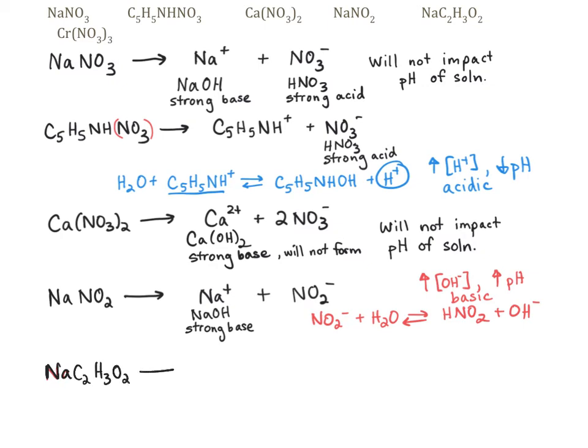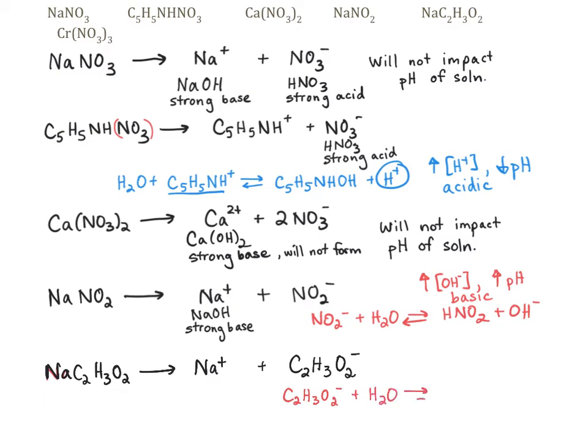C2H3O2. When we put sodium acetate into water, it makes sodium. Again, we've established that's not going to have an effect on the pH of the solution, but we've got C2H3O2, that acetate ion. The acetic acid is not on our list of strong acids or bases. And so we can think about what happens to this ion when it interacts with water.